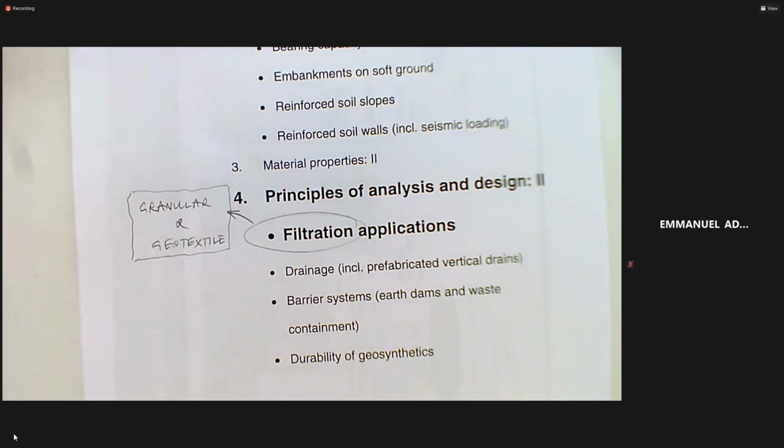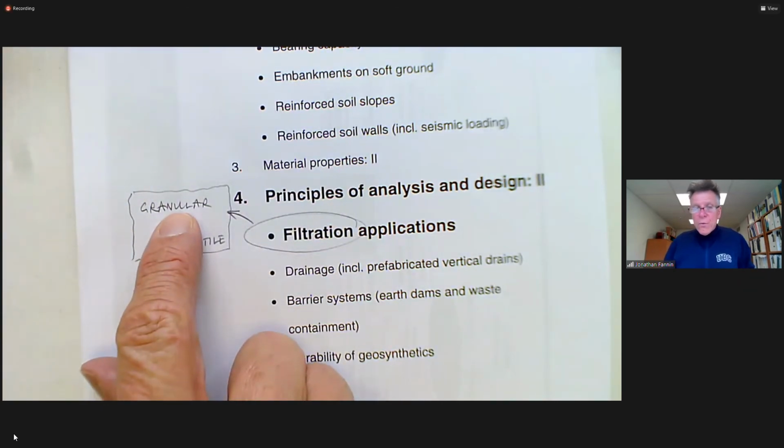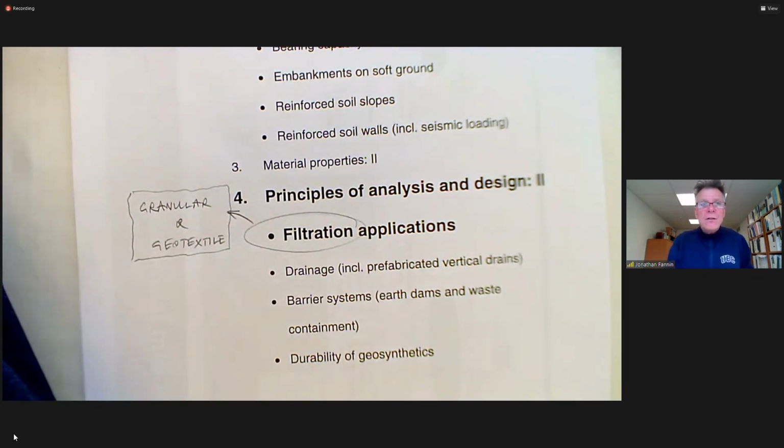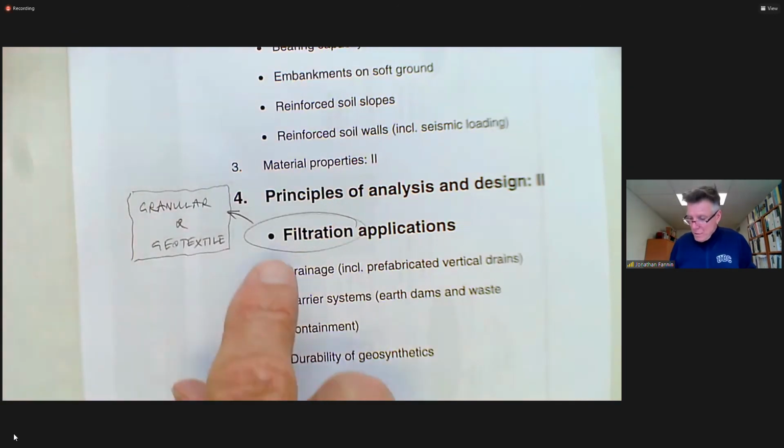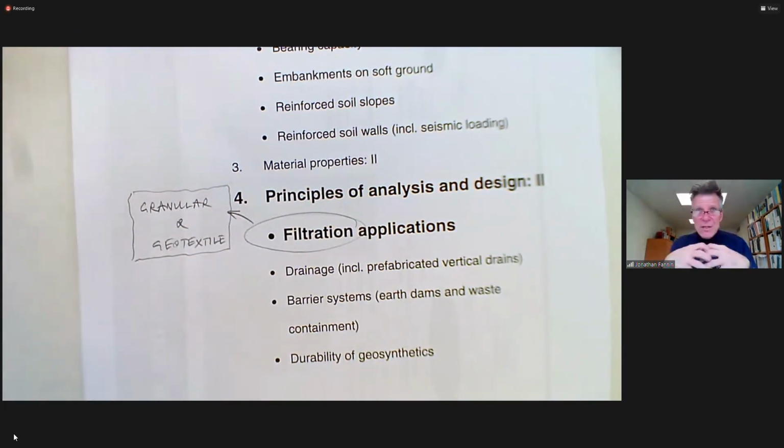I get a sense that a lot of it's in highways, retaining walls, and or mine waste tailings. And let me give you a sense of what I mean by trying to combine this appreciation for granular and geotextile filters. And this is part of setting up almost the culture into which I'll convey what I think is a nice framework for taking and defending decisions.